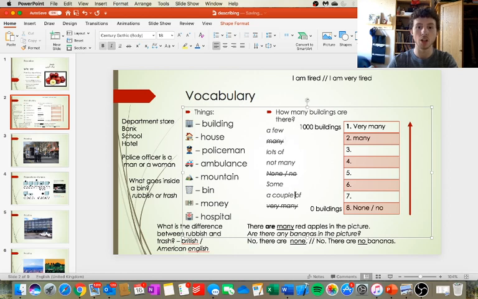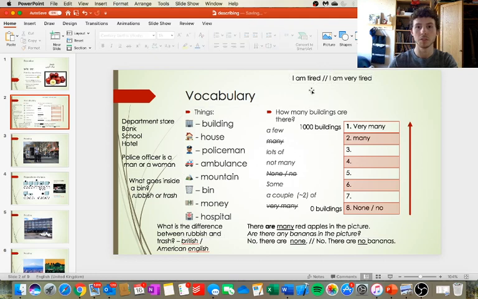So I can tell you a couple means about 2. A couple means 2. A couple of people means 2 people.